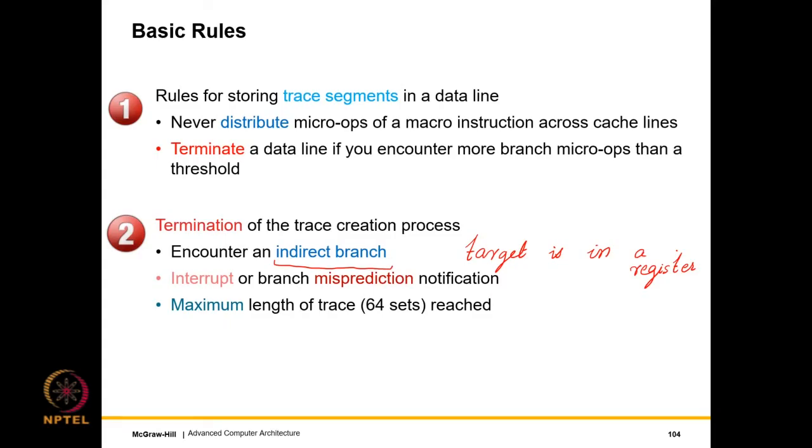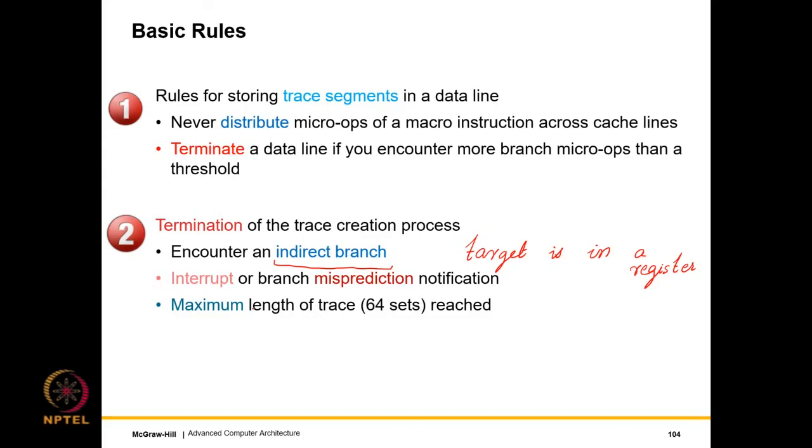This is primarily because any branch misprediction, either in the outcome or in the target, will in any case terminate the trace. And since indirect branch targets are hard to predict, it's a much better idea to terminate the trace when you encounter such an instruction.